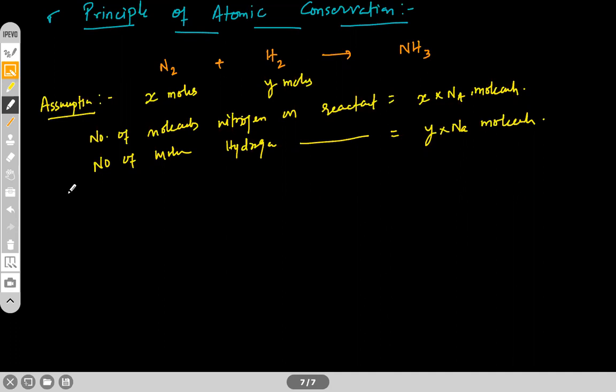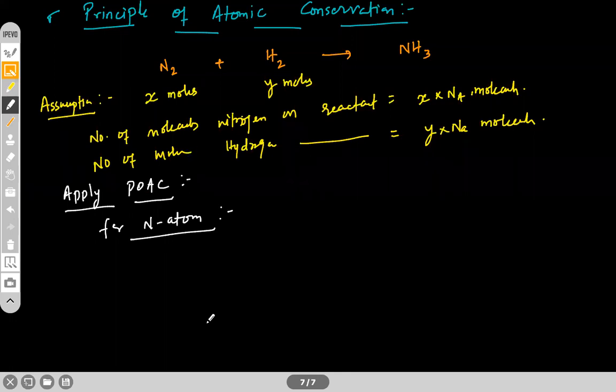Now we'll apply POAC for each and every atom one by one. First of all, I am applying it for the nitrogen atom. We have to count the total number of nitrogen atoms on this side and on this side.